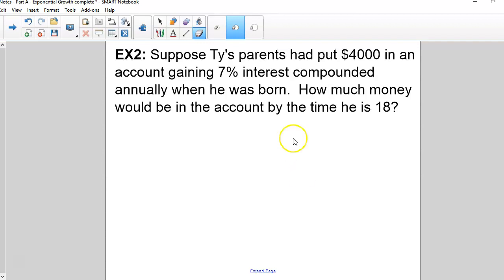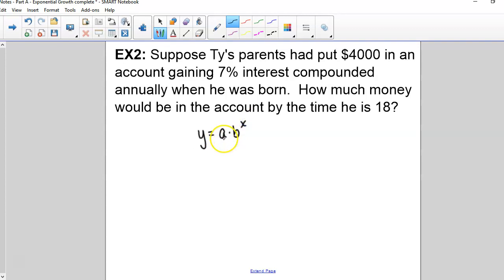Okay? So in this case, remember with our exponential equations, it's y equals a times b to the x power. A is the initial value, so that is still $4,000. Okay? Remember for the b, we're going to take 100%. We're going to add the rate, which is 7%, which gives us 107.